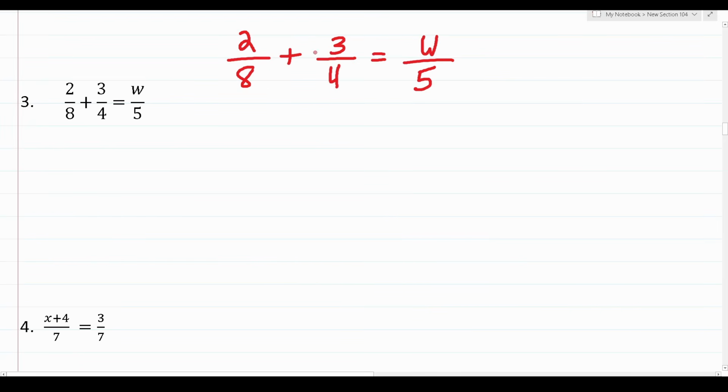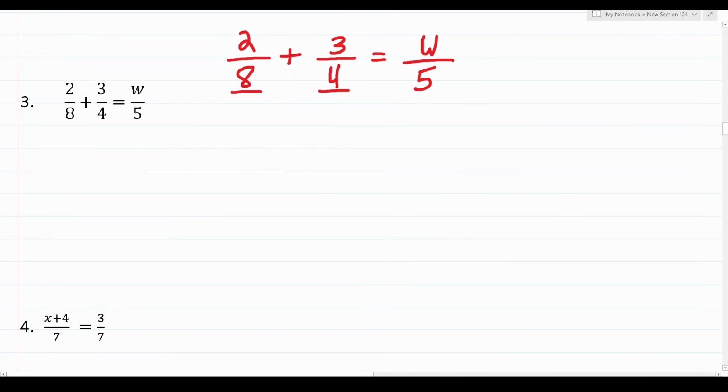Again, we're just adding two fractions there, so we can easily combine those. And as I've mentioned in this video already, when you add fractions, they have to have the same denominators. In this case, we have a denominator of 8 and a denominator of 4. So we want to rewrite either one or both of these fractions such that they have the same denominator.